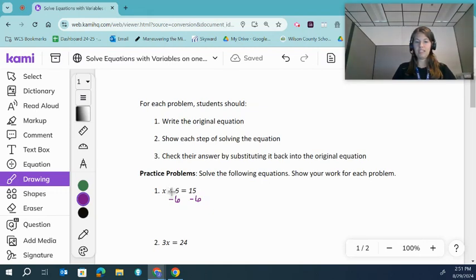Okay, so positive 6 minus 6 gives you 0, so that leaves you with x equals 9. Okay, and then when we're substituting back into the original, we should be able to do 9 plus 6 equals 15. And if this is true, your answer is correct.